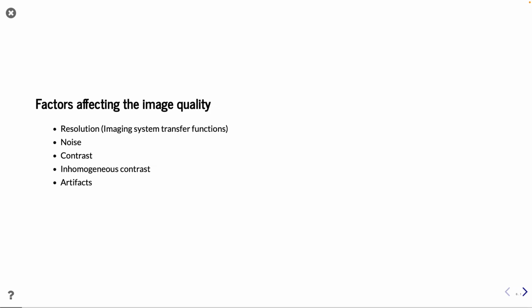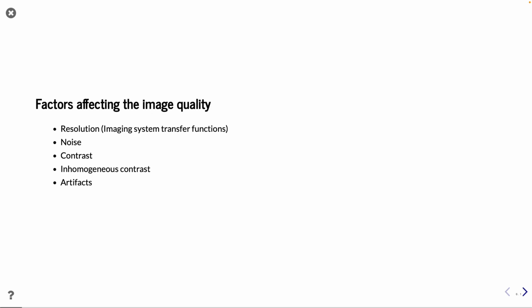So, the different factors that affect the image quality, to put it in bullet points, is first of all the resolution. That's the blurriness that I showed. Then we have noise, and contrast is also something that we have to look into. The imaging modality you use may not deliver very much contrast between relevant features and the background, and that is also a problem that we have to struggle with.